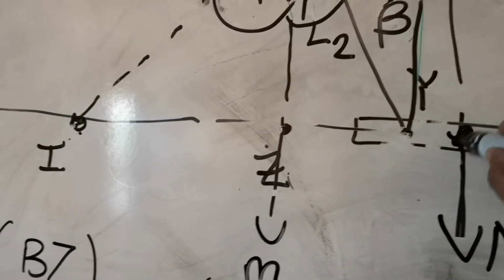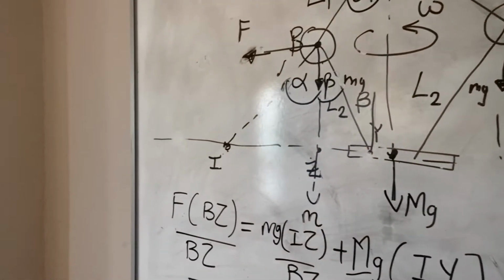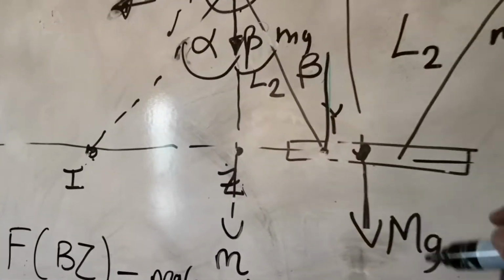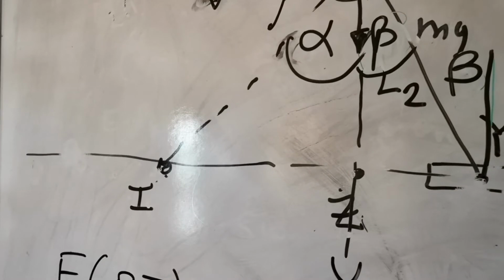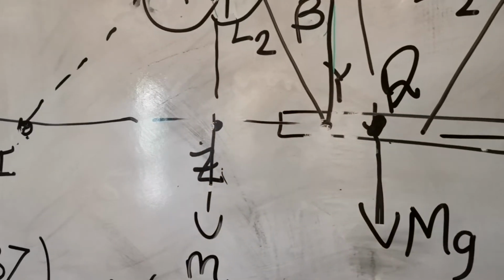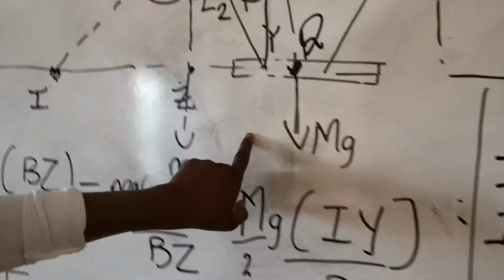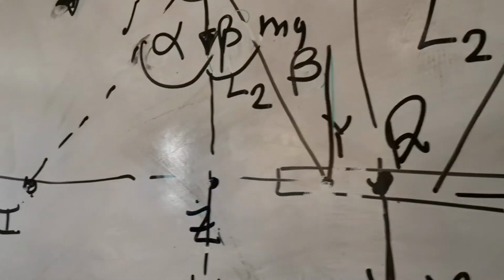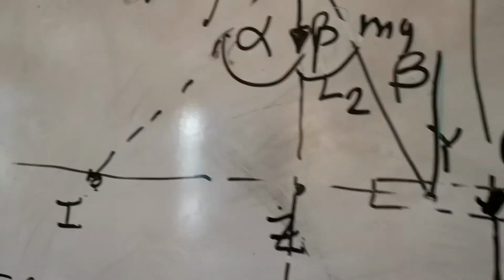What is this point? Okay, whatever it is, let's call it Q. It wasn't important anyway because this came here now. That is a valid point, and that is the tricky part in the exam.